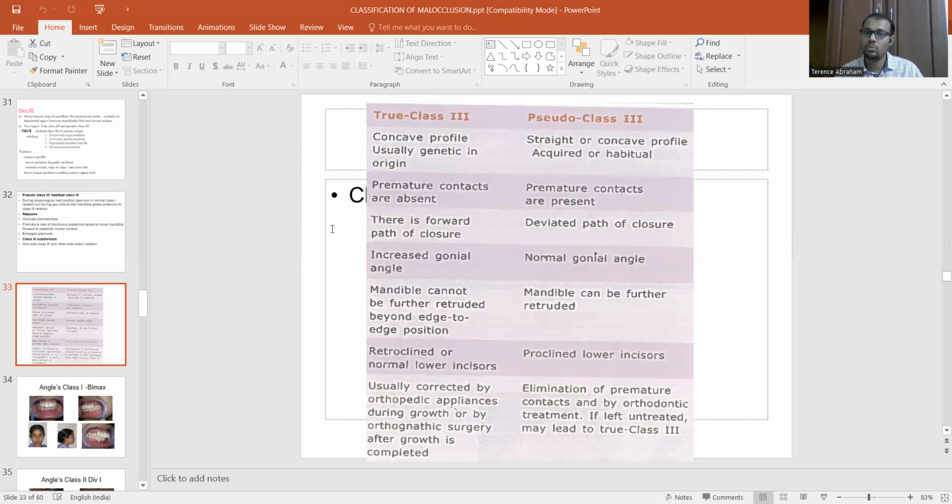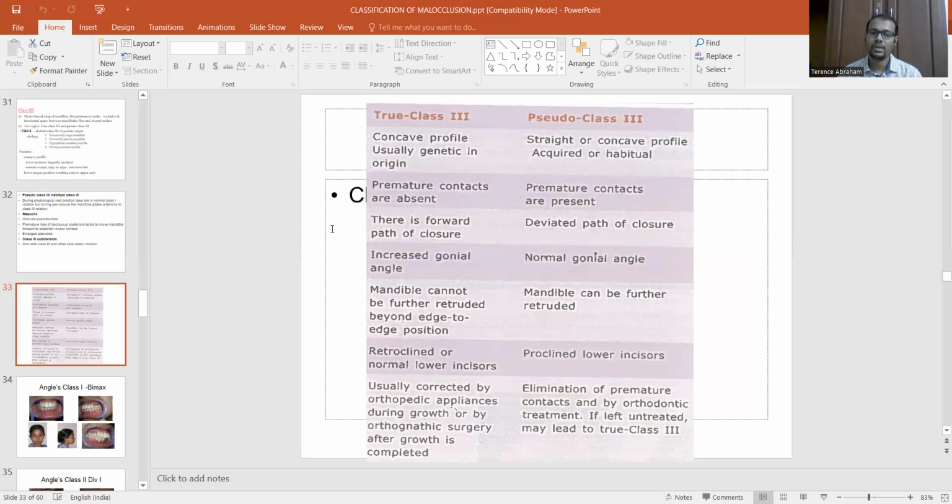But in the case of pseudo class 3, the patient has a normal or straight profile. There will be premature contacts, and there is a deviated path of closure because of a habitual class 3 closure. The gonial angle is normal. The patient can retrude the mandible when we do the exercise.